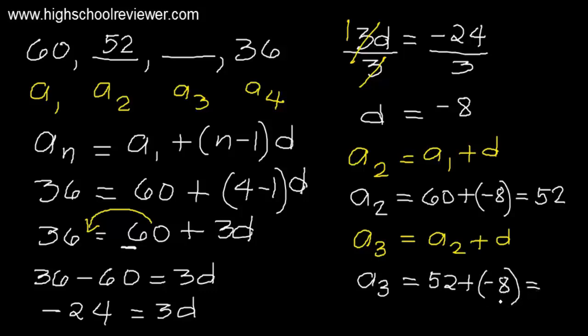So positive 52 plus negative 8 will give us positive 44. So positive 52 and positive 44 are our missing arithmetic means, or our missing terms, and they are our final answers.